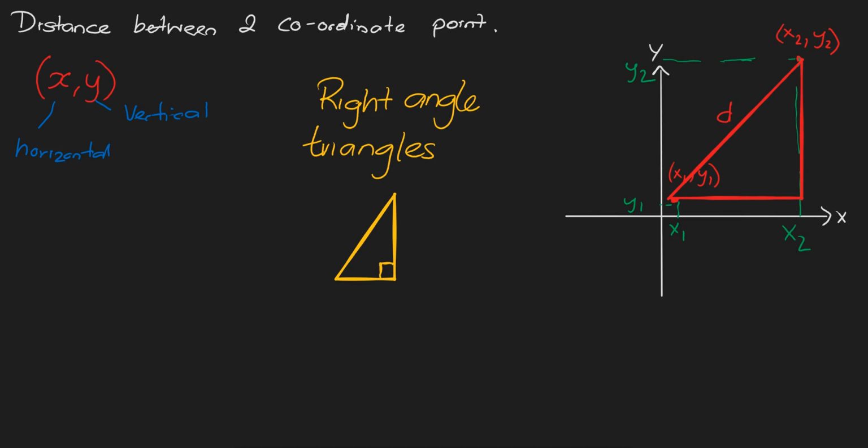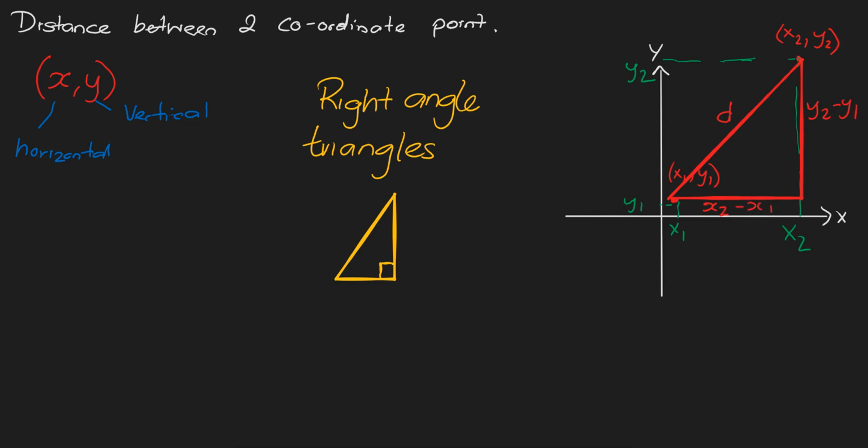So what we're going to do is determine what this change in x, or change in horizontal, and the change in y is. So we're going to try and make a formula. We can determine that this over here is y2 minus y1, and the x difference would be x2 minus x1.